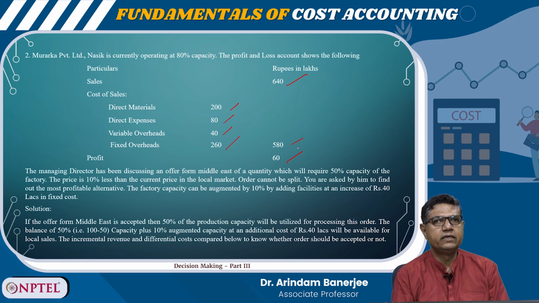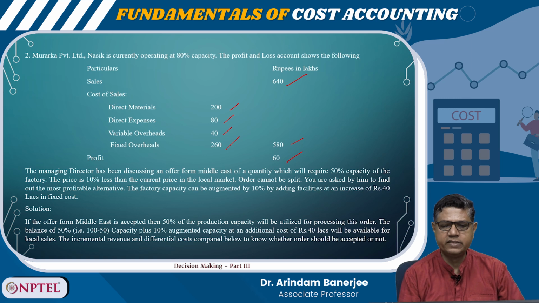The managing director has been discussing an offer from the Middle East of a quantity which will require 50% capacity of the factory. The price is 10% less than the current price in the local market. The order cannot be split. You are asked by him to find out the most profitable alternative.